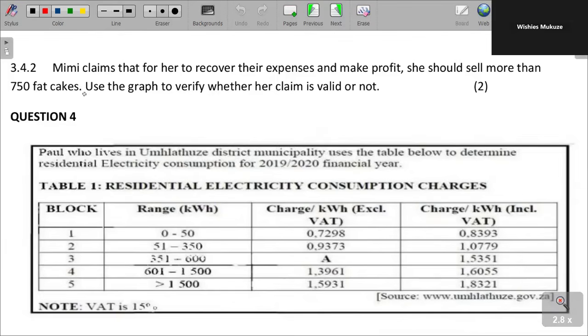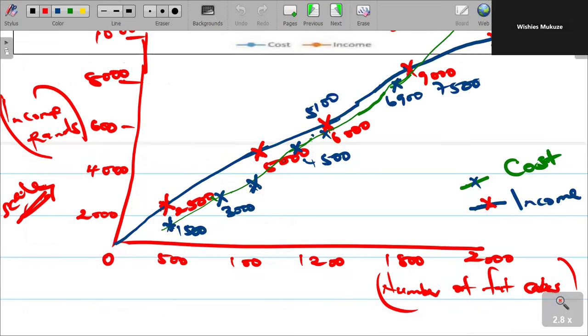You go on the graph and say 750 fat cakes, maybe it is here, it must be somewhere there.